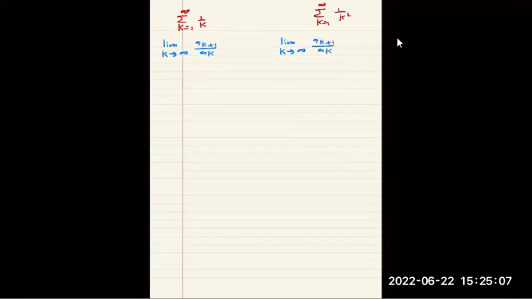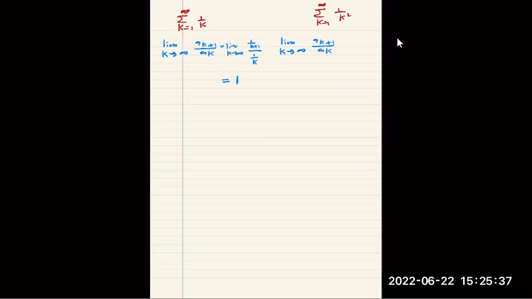How do I find this limit for the first series? Well, a_{k+1} is 1 over k plus 1. Notice that your a_k is this term, 1 over k. a_{k+1} is 1 over k plus 1. And in the bottom, you should have a_k, which is 1 over k. And then doing the reciprocal rule and taking the limit, you will see that the limit is 1.